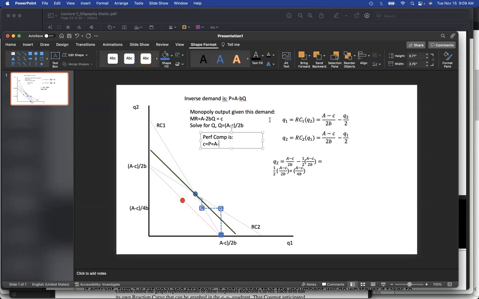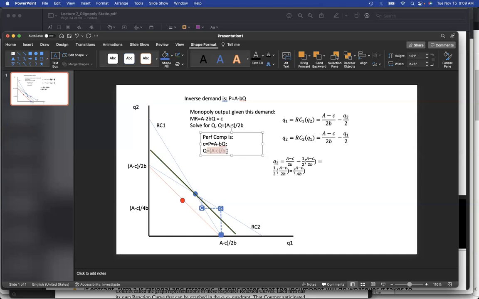A minus B Q. So therefore, Q here is A minus C divided by, everyone say the letter, B. Correct. So ito yung perfectly competitive output.